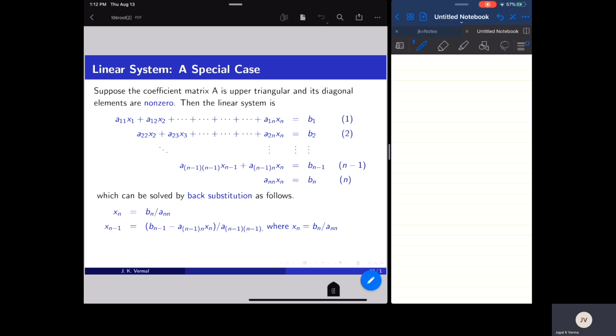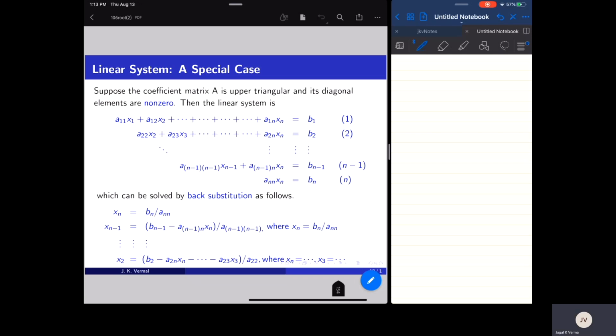Then substitute xn and xn minus 1 in the (n minus second) equation, and that will say that xn minus 2 is uniquely determined in terms of xn and xn minus 1, and so on. And finally, x2 is uniquely determined from the second equation, and go back and substitute in the first equation, and we can get the value of x1. So this system of n equations in n unknowns, where the coefficient matrix is upper triangular and diagonal entries are non-zero, has a unique solution.